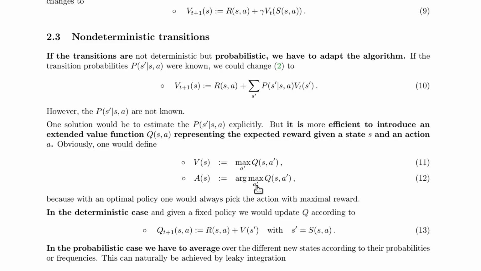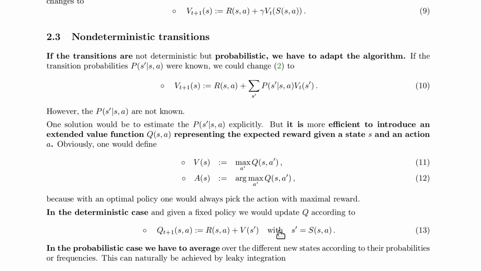Now how do we update Q? If we had a deterministic situation, we would update our Q for state S and action A by the reward of S and A and the value of the state we transition to.